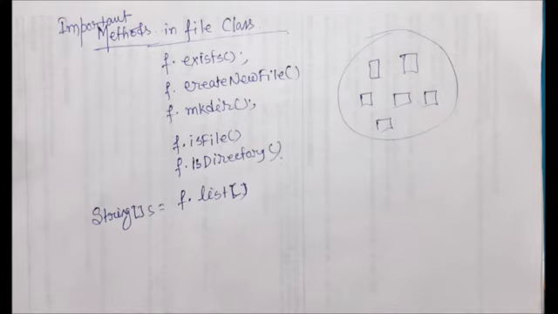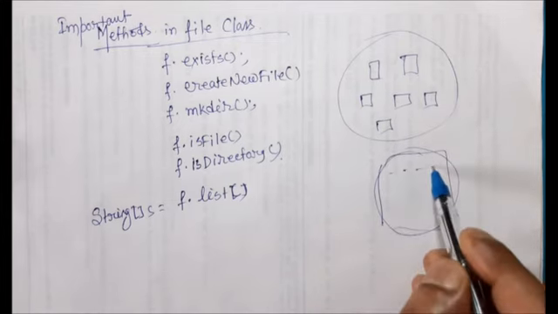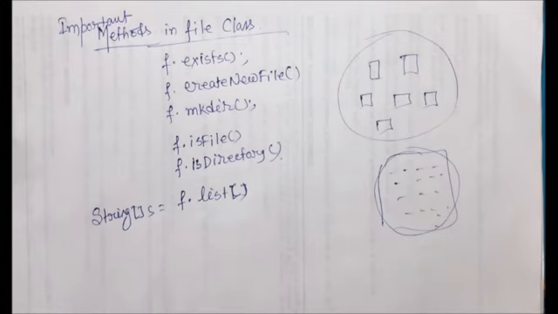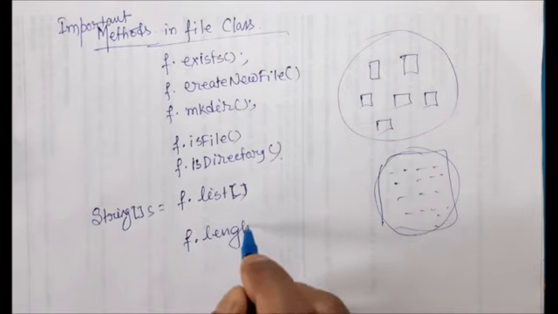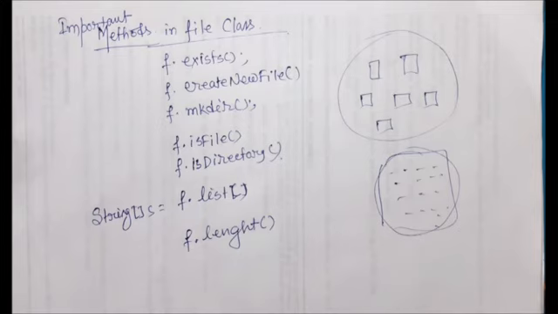Suppose this is my file and in my file so many characters are present. If I want to count how many characters are present in my file, we use the f.length method, but here the return type of the length method is not integer.